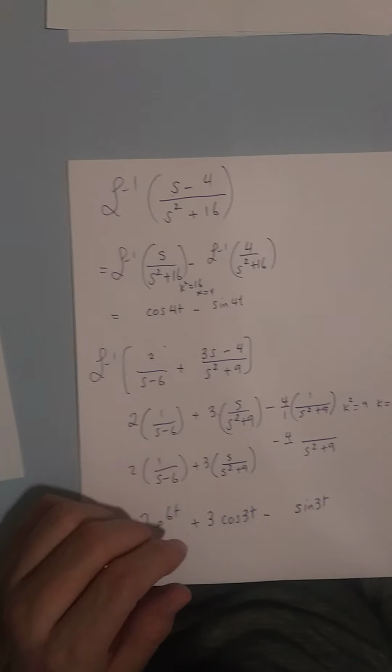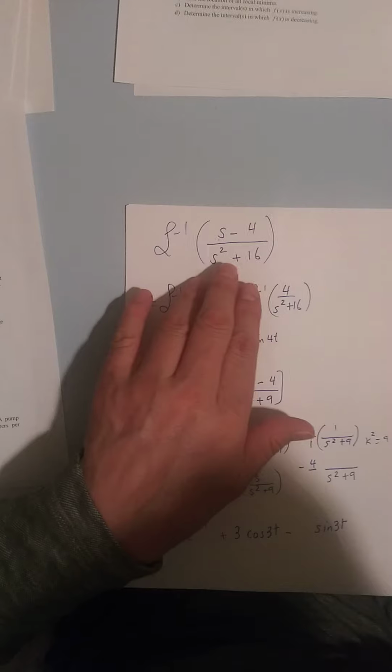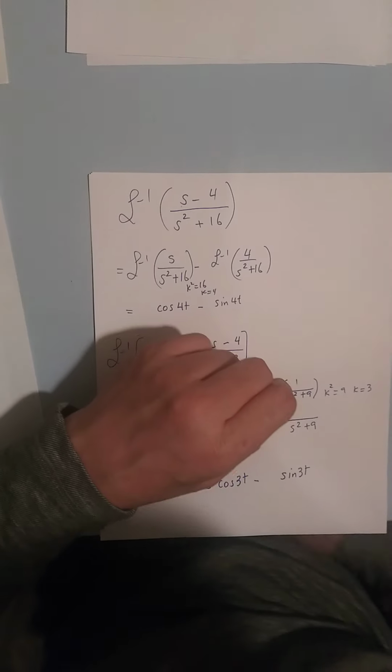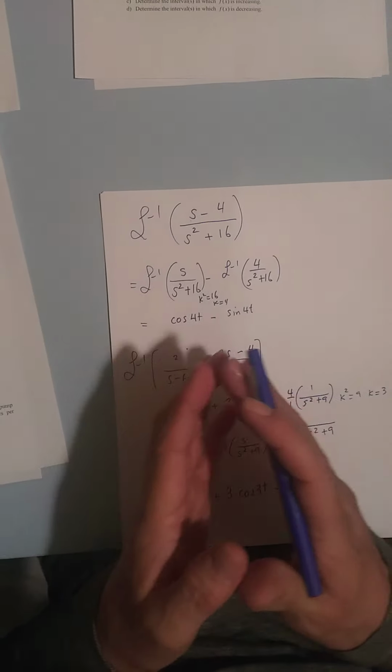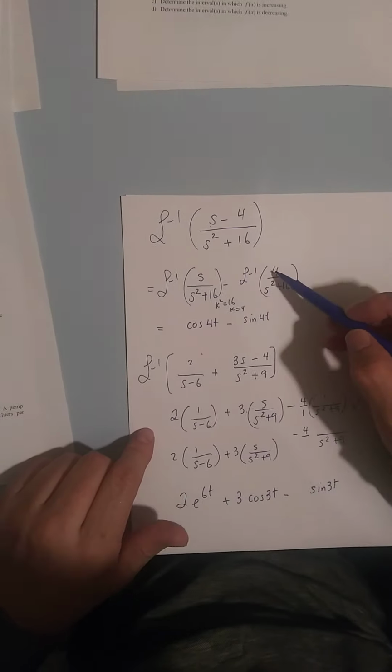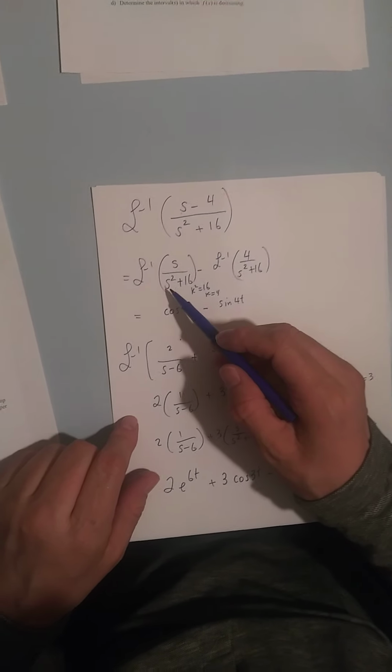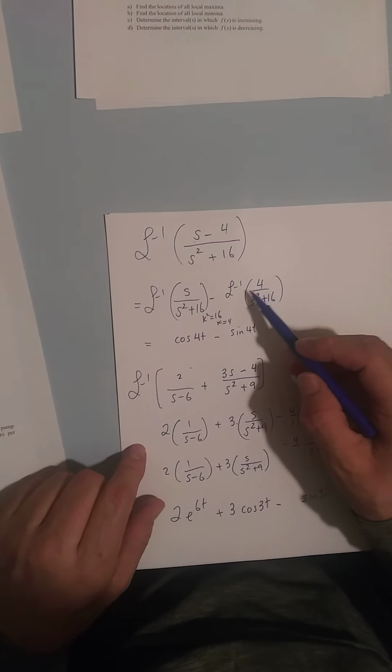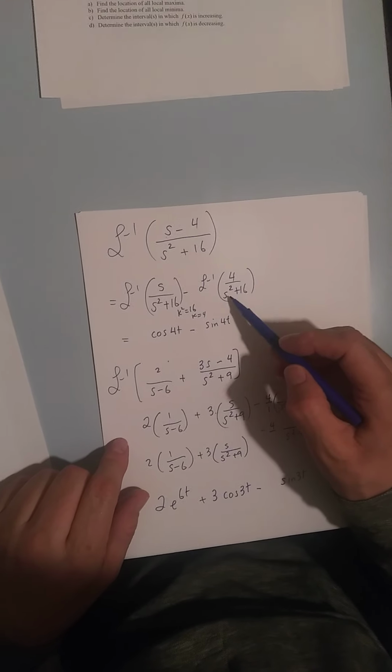What if we wanted the inverse transform of this function, s minus 4 over s squared plus 16? What we need to do is simplify it, break it up, do anything to simplify it. So we're going to separate these two terms. We'll write the s alone and the minus 4 alone. So s over s squared plus 16 minus the inverse transform of 4 over s squared plus 16.